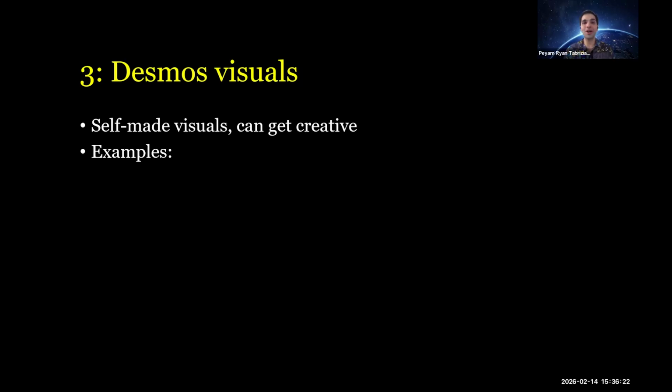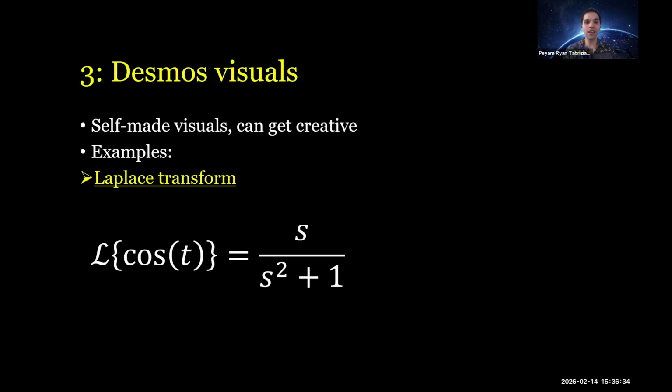I want to show you a couple of cool ones that I created. One is for the Laplace transform, because students have a difficult time visualizing this. So here's my attempt to show them the Laplace transform. In fact, what I want to illustrate is what happens to the Laplace transform of cosine of t.